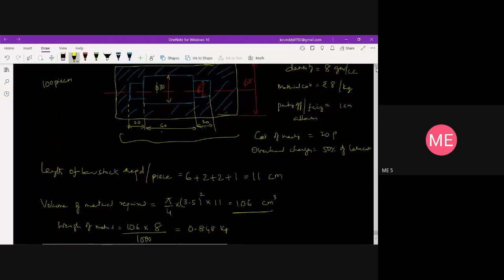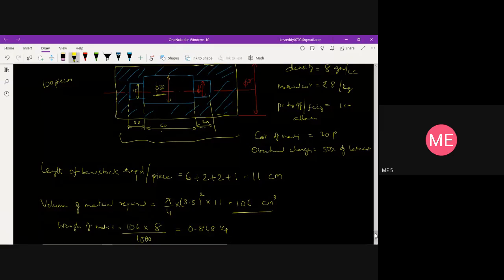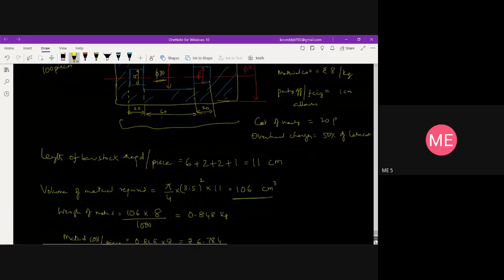This is also 15 mm, this is also 15 mm, so this is twice of this. We can take pi d square by 4 into h. So d is 1.5 centimeter, length is going to be 2 centimeters, so 2 times of this, plus this cylindrical volume, that is diameter of 30 and length of 60.